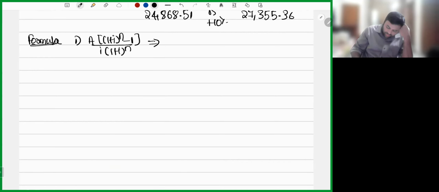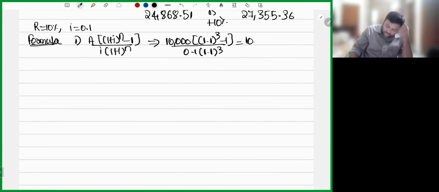Now, what is the amount we are having? 10,000, R is 10%, so obviously i equals R by 100. So (1.1 whole power 3 minus 1) divided by 0.1 into 1.1 whole cube. So 10,000 into, what is 1.1 whole cube? 1.331. So 1.331 minus 1 divided by 0.1 into 1.331.